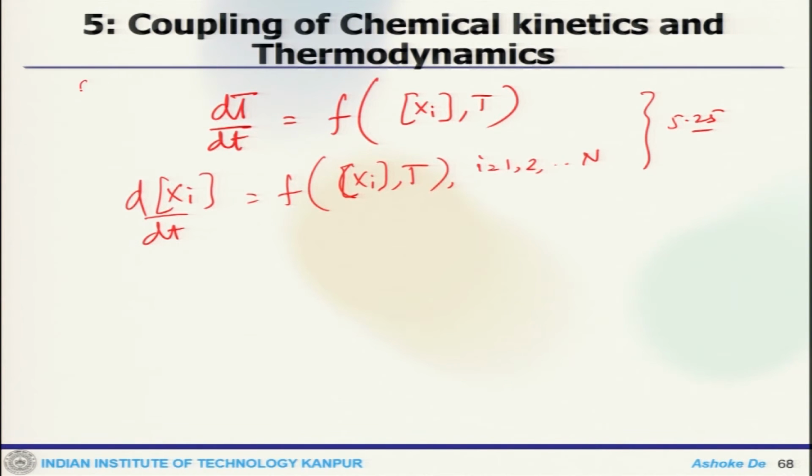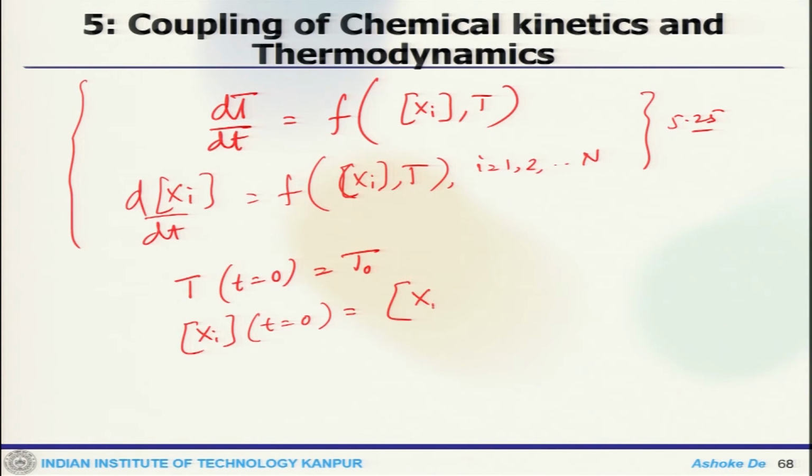Now, this set of equations can be solved with the initial conditions like T 0 equals T naught and xi 0 equals xi naught.